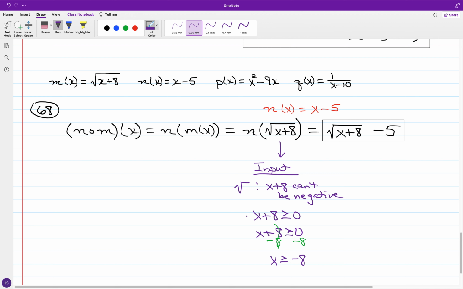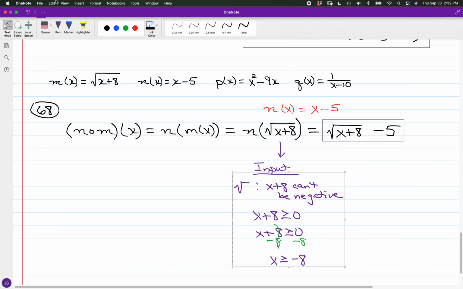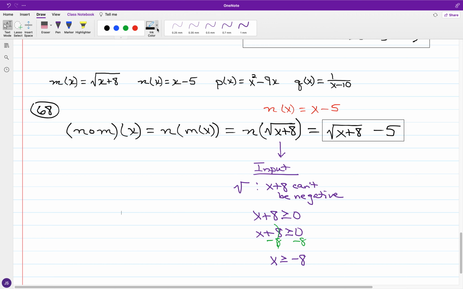So you have x is greater than or equal to negative 8. That is the restriction from this. And in terms of the output itself, guess what? The restriction comes from the square root of x plus 8.